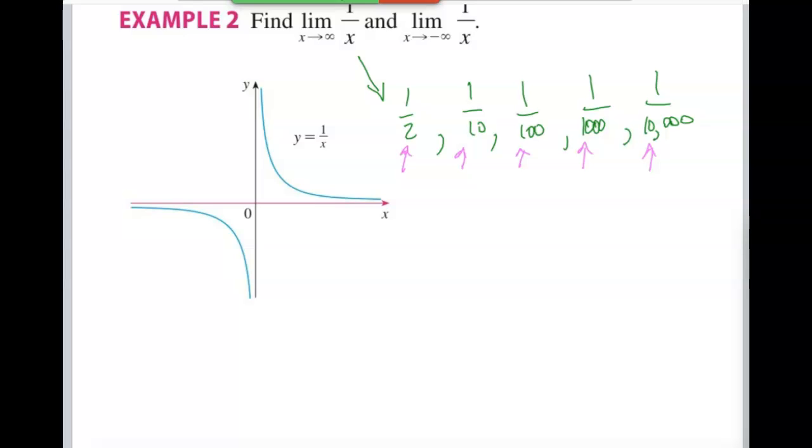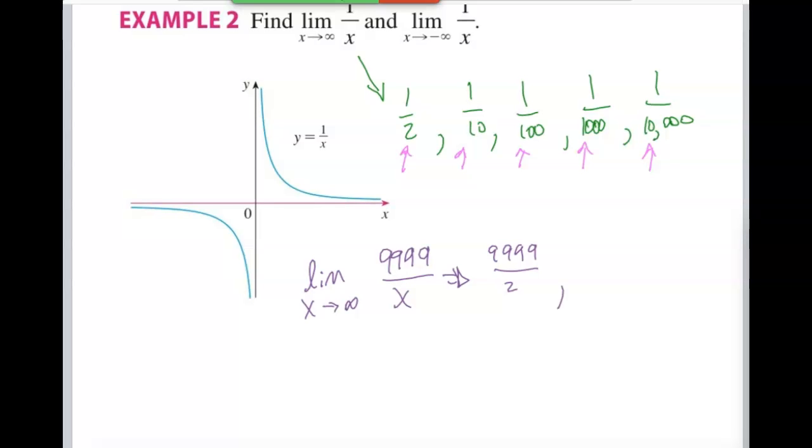Now, the other thing I want you to think about: does the numerator matter? What if instead I asked you what the limit as x approaches infinity of, let's use a big number in the numerator, 9,999 over x. For a while, you could plug in values for x where you'd get values much bigger than 1.